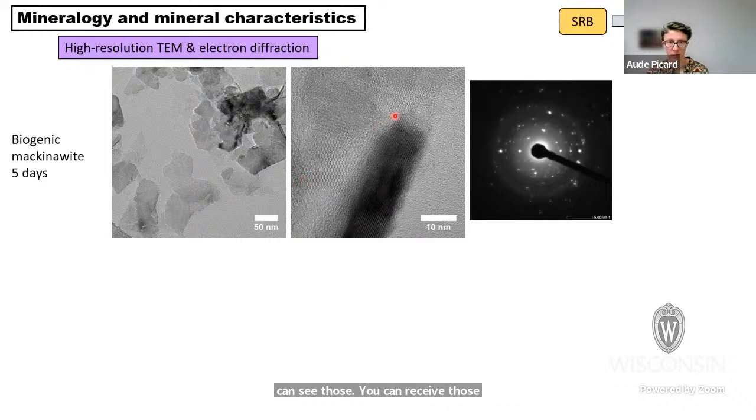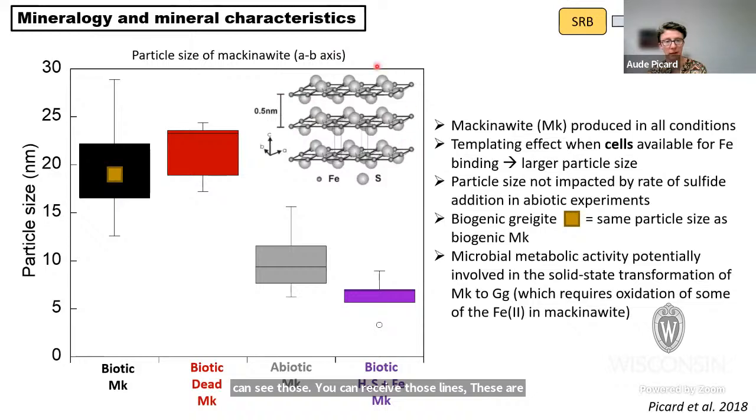These are basically with a specific distance between one another. So if you look at that crystal structure, it's showing those lines here. The minerals mostly grow in the AB axis. And so what we see is the C distance between those parallel planes.